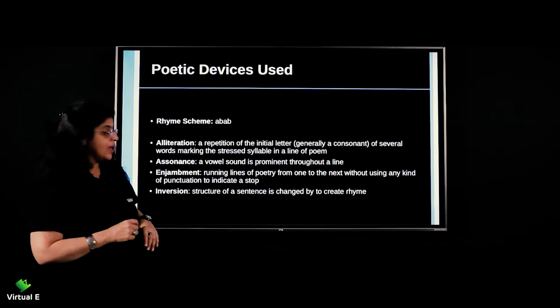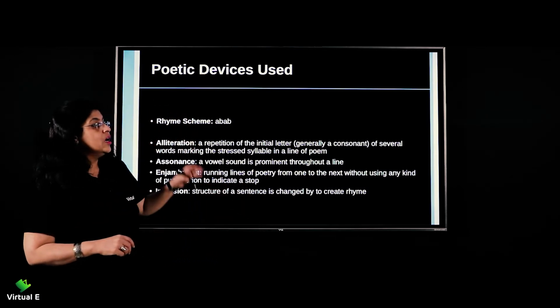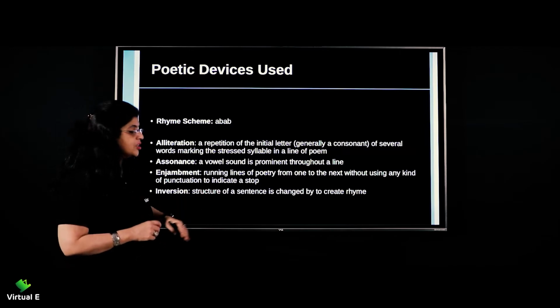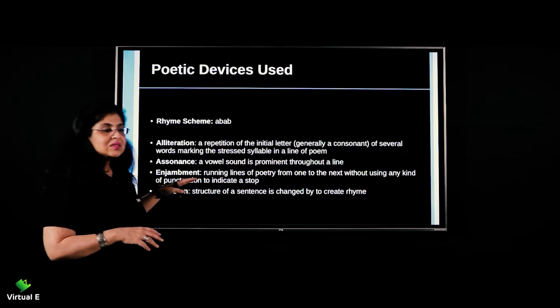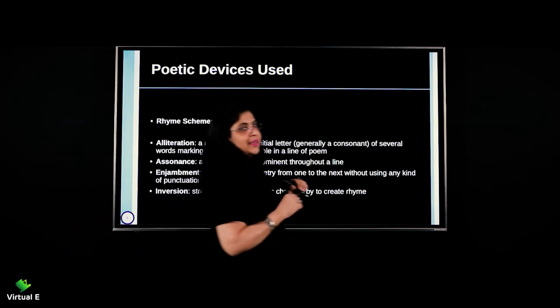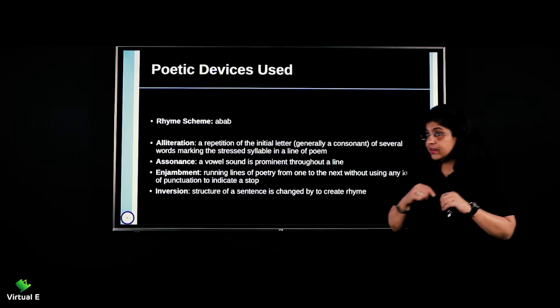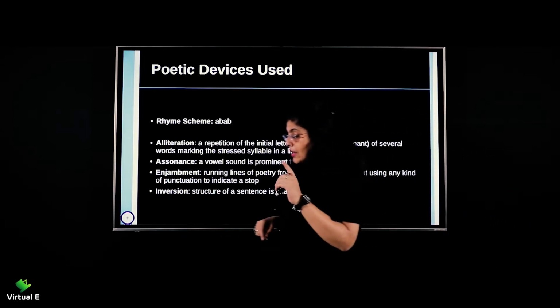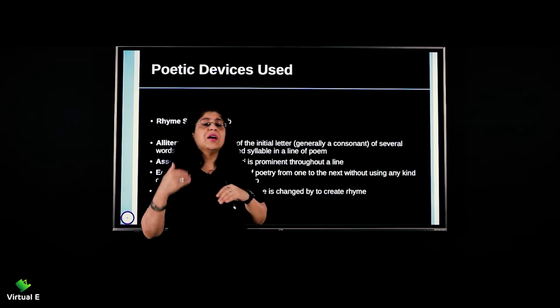Then you have enjambment, running lines of poetry from one to the next without using any kind of punctuation to indicate a stop. Now look, these words might sound a little complicated to you, but they cannot remain complicated because I am here. What is enjambment? Basically, they are talking about the running lines.